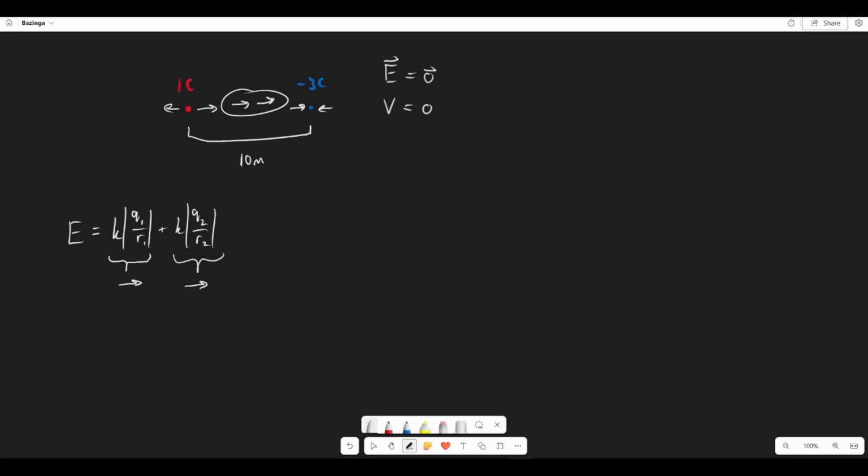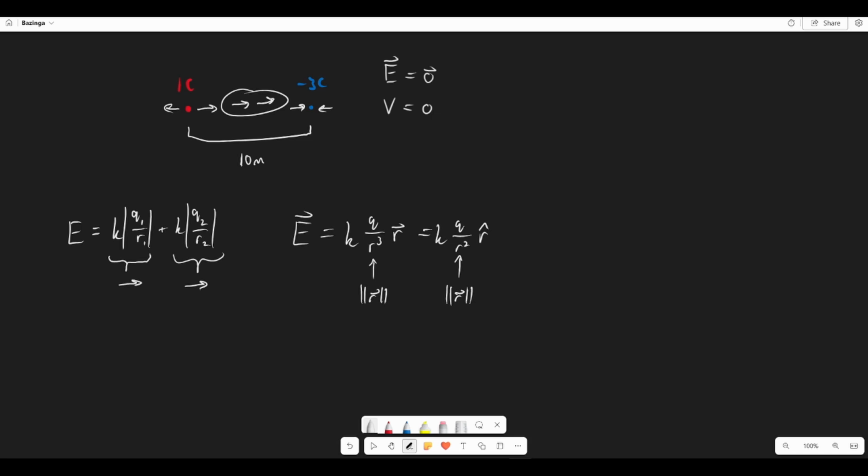If we were doing more advanced vector mathematics, we would calculate the actual vector generated, and the formula for that, though I have not stated it before, is KQ by R cubed times R as a vector. Alternatively, you can write it as KQ by R squared R hat, where R hat is the unit vector, and these R's are just the magnitude of the R vector.